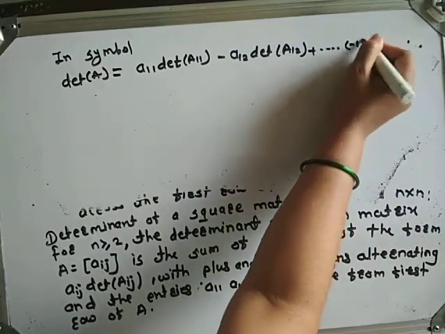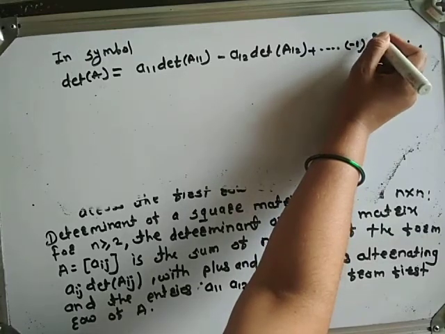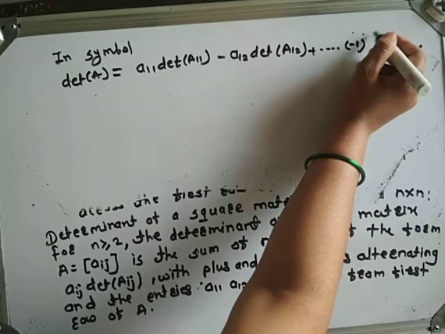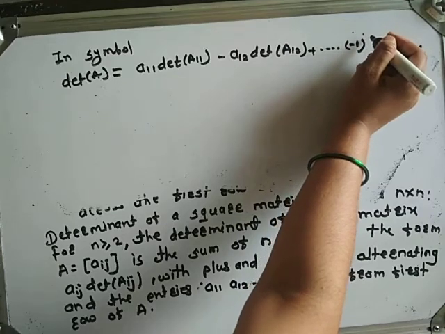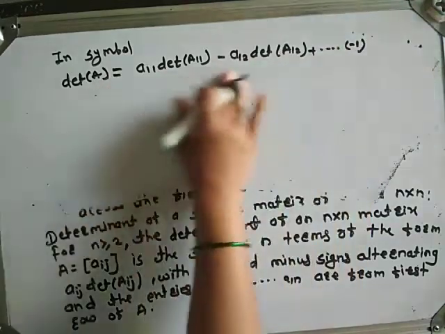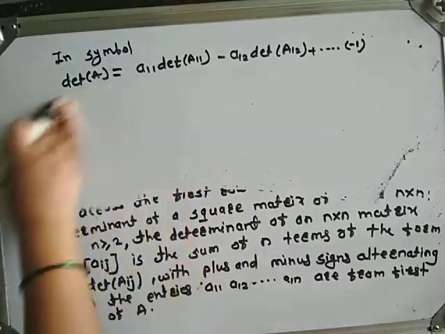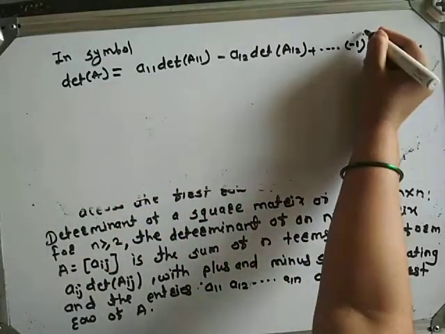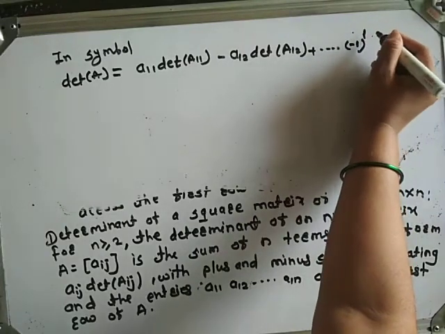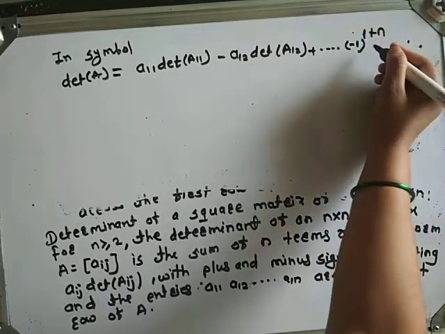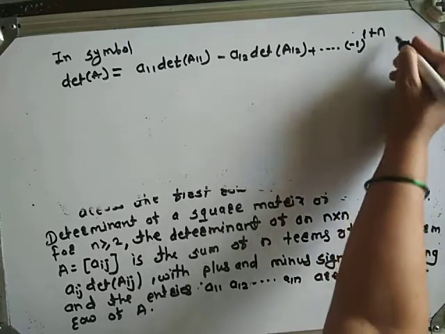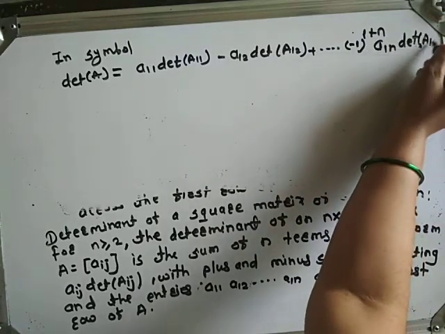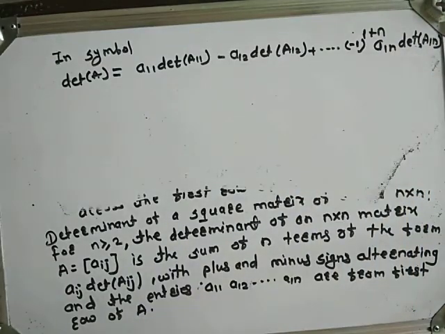Minus 1 raised to i plus j, where i denotes the number of rows and j denotes the number of columns. Since we are taking the determinant across the first row, 1 plus n, where n is the number of columns, gives A1n into determinant of A1n.